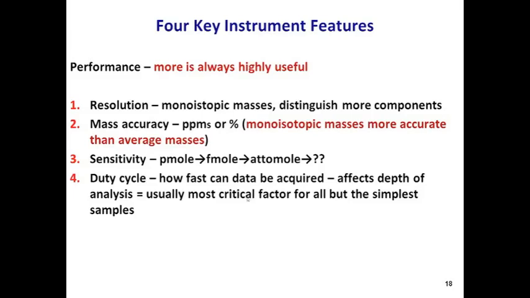Sensitivity started out in the picomole level, is now down frequently to the attomole level, and some heroic efforts are performed at even higher sensitivity. Another factor is duty cycle. How fast can I acquire data? Proteomes are incredibly complex in most cases, and therefore the speed with which I can acquire data is critically important.